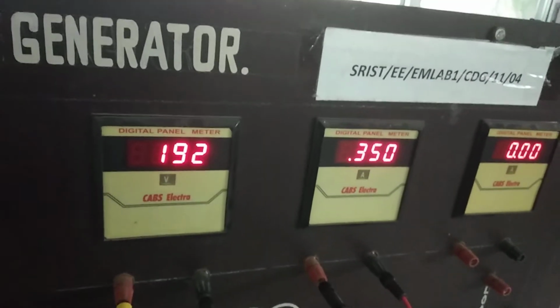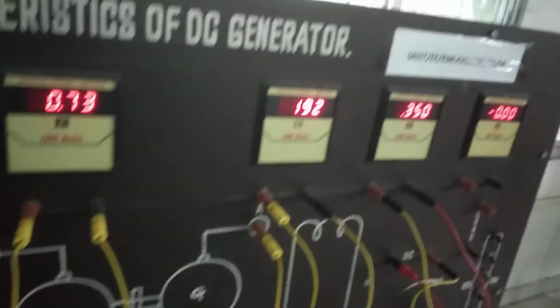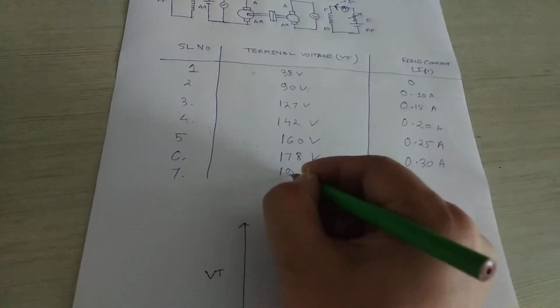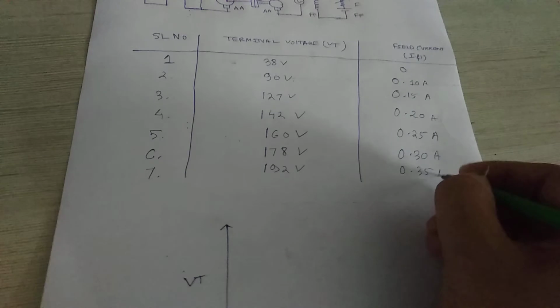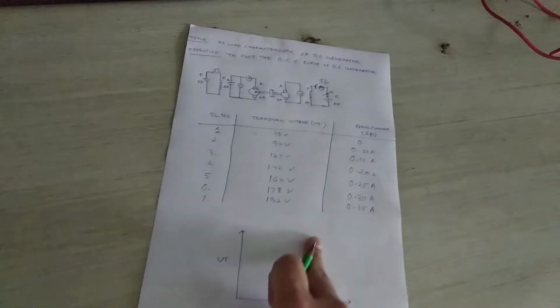Okay, that is 0.35 ampere and the voltage is 192 volt. So right now we are getting 7 readings or observations.